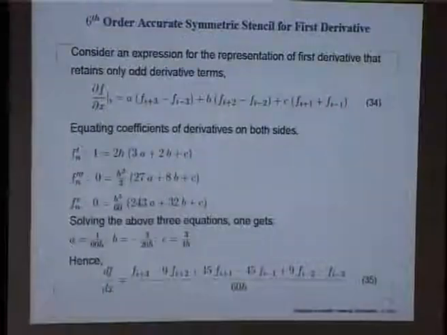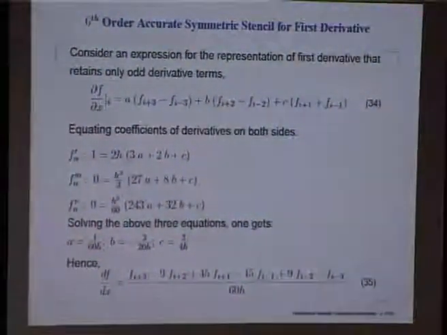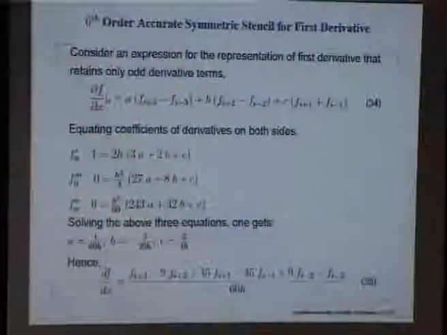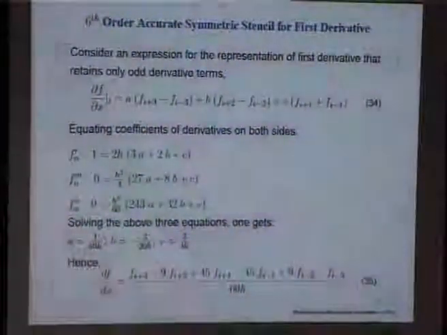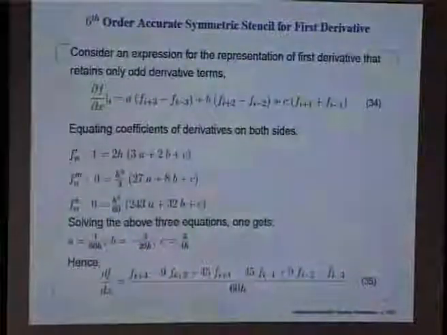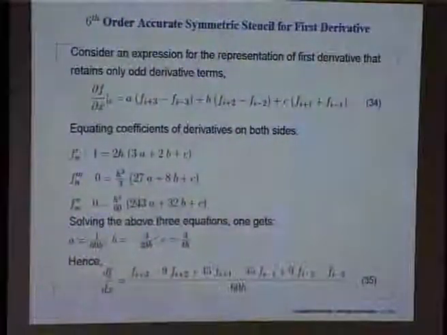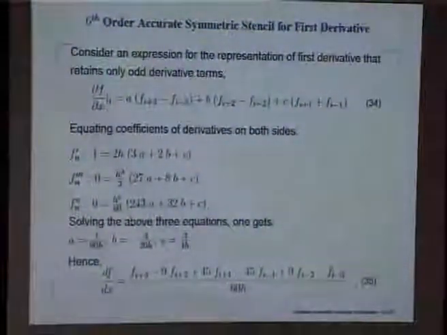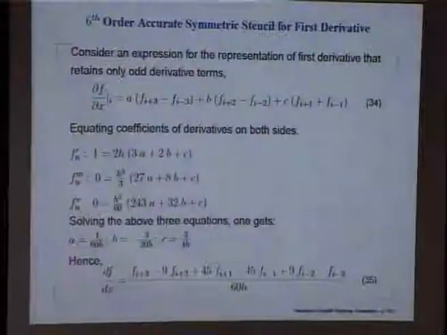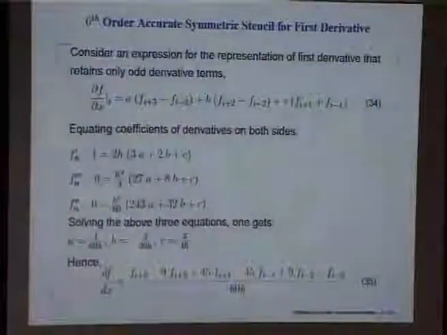So, I just stop here, because we have an adequate number of equations for these 3 unknowns, and you solve them, and this is what you get. So, this is your sixth order accurate formula, which will involve i plus 3 to i minus 3.